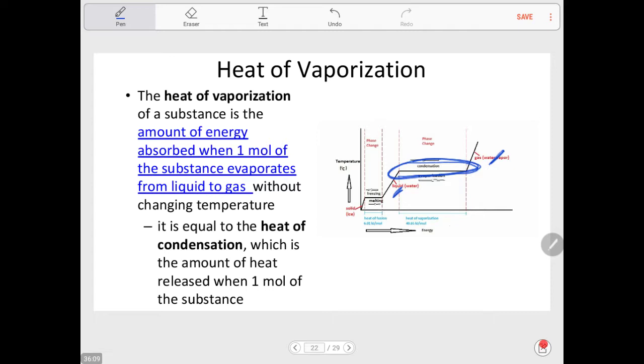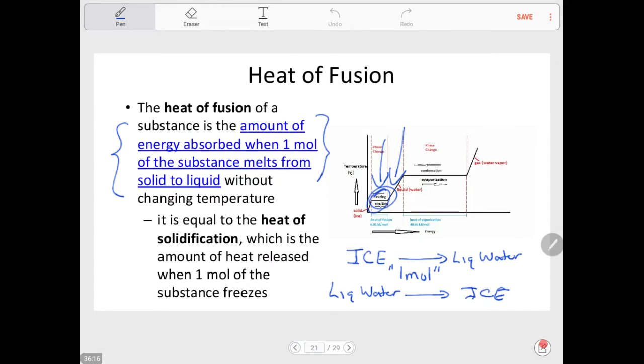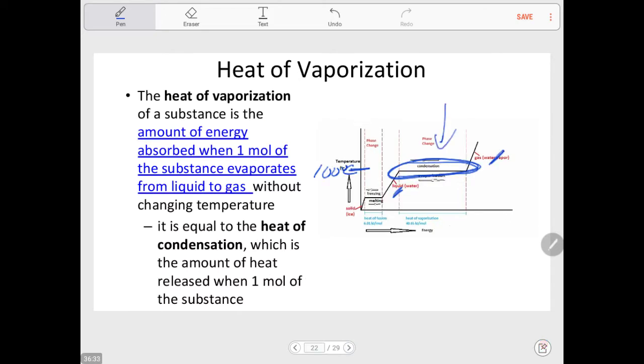Again, everyone, vaporization is happening at 100 degrees Celsius. If I go back here, heat of fusion is happening at what temperature? 0 degrees. We are just talking about the energy of the phase change. Fusion is when you go between the ice and the water in that area right here. Vaporization is this one right here.